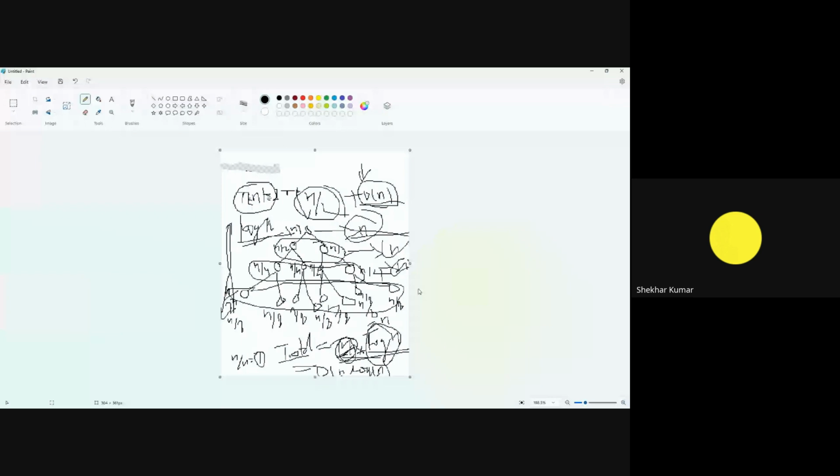Is it visible now? Is it visible on the paint page? Yes. Okay, okay.